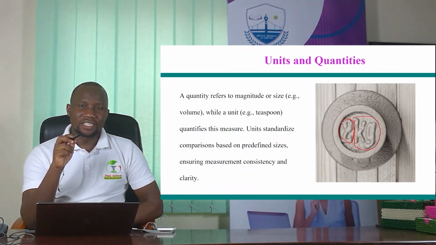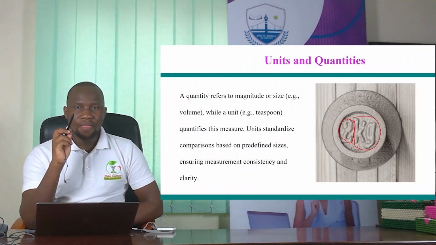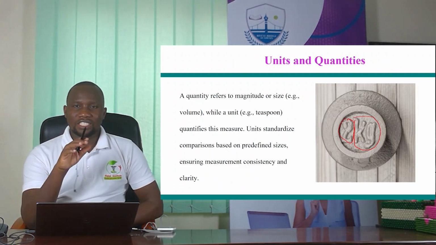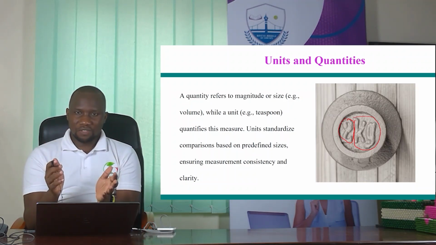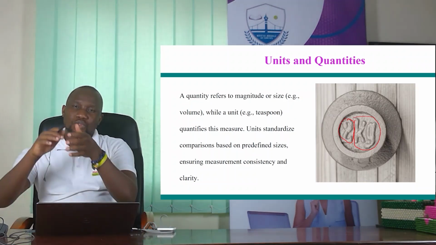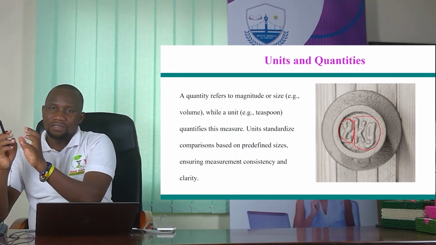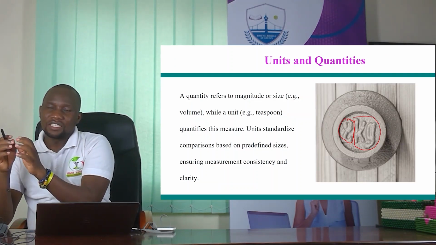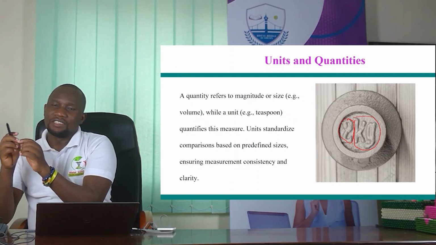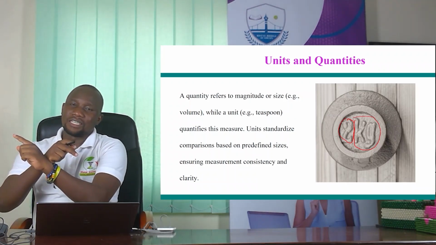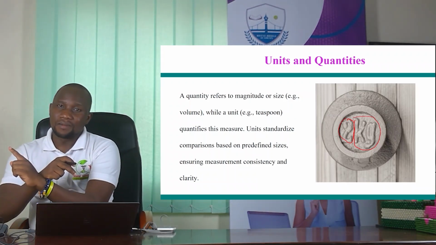So what we are saying is that when we talk about quantities, we're talking about how much. But that how much has to have an attachment that defines what that how much is.